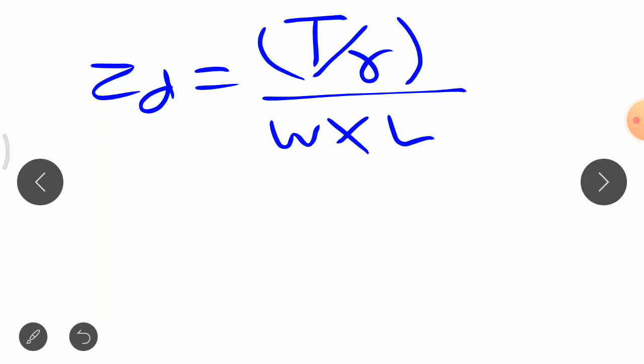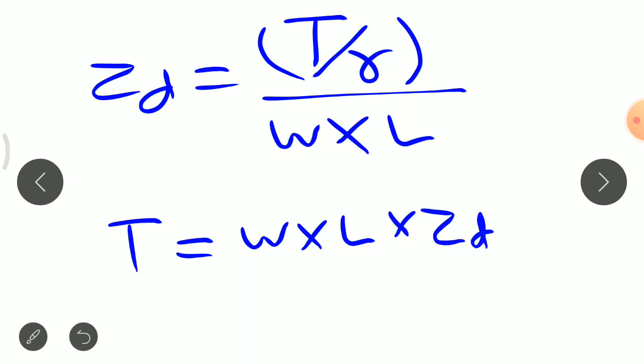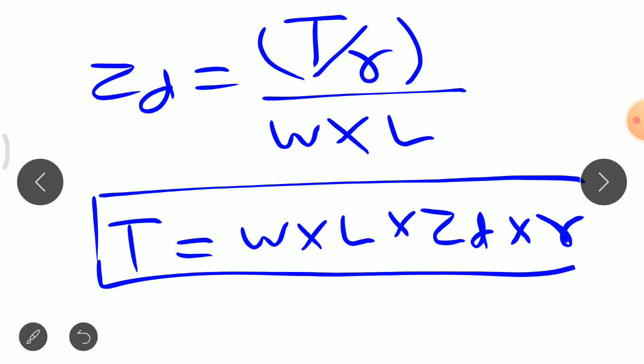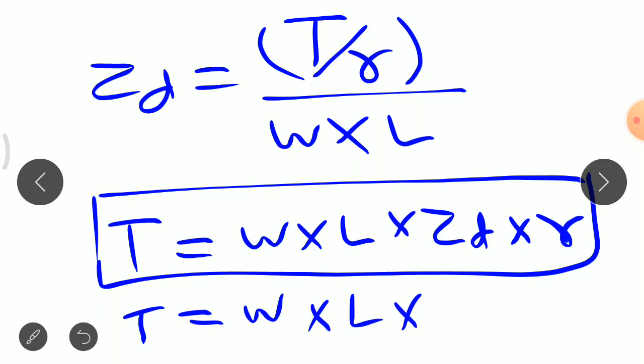Now simplify this equation, and the main equation we get is T is equal to W into L into tau D into R. In some textbooks or reference books, instead of R they have used D by 2, and we know that half of diameter is nothing but radius, so tau D into D by 2.